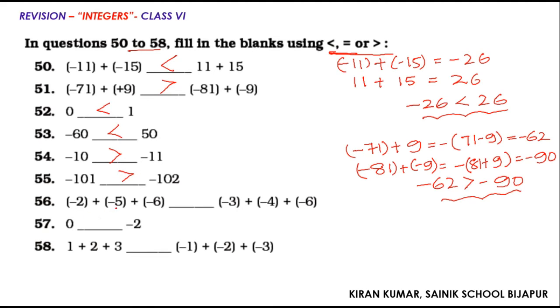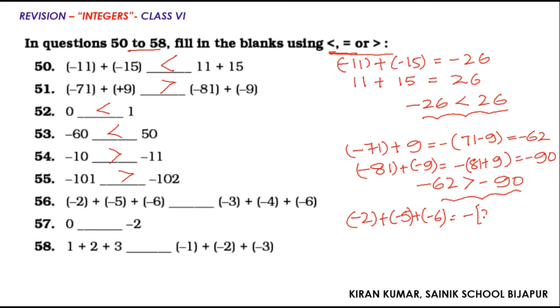Negative 2 added to negative 5 added to negative 6. All the three have the same sign, so they are like terms, like integers. When like integers are added up, we add their absolute values and retain the same sign.